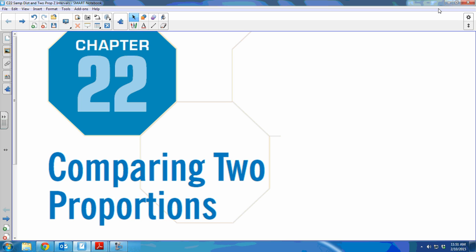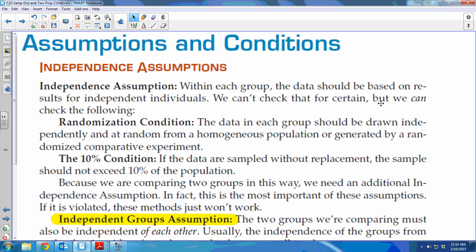In order to do a hypothesis test or a confidence interval, what do you always do first? Check your conditions. They're very similar. The problem is you have two groups, so you have to check the conditions for both groups. The independence assumption still exists.